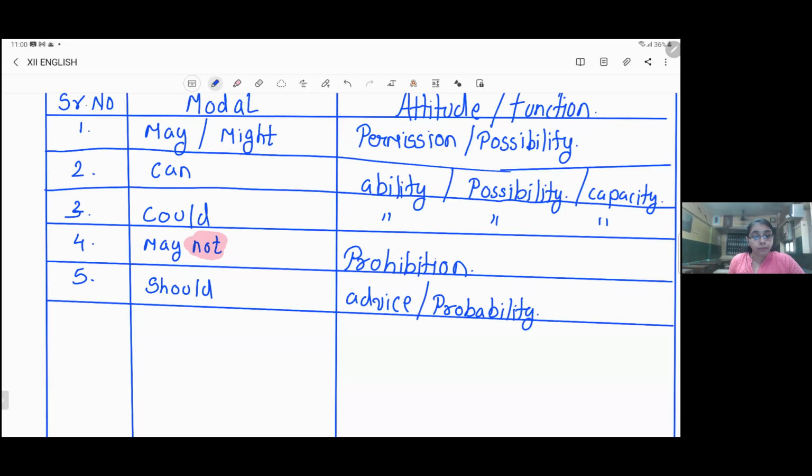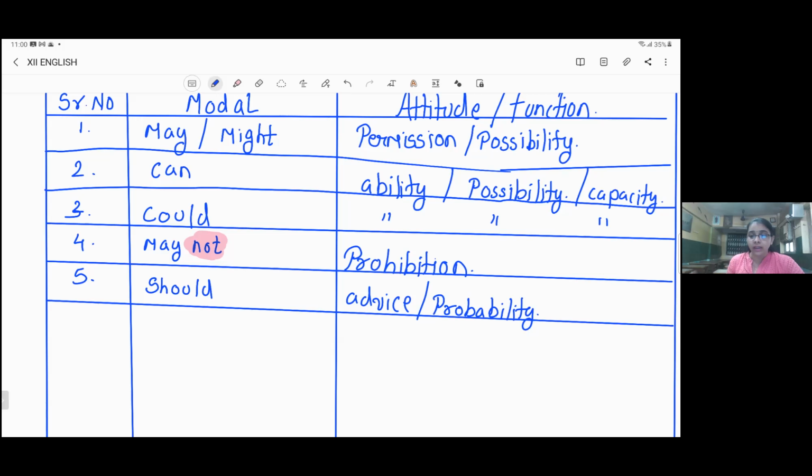Clear? If I say that you should study regularly, you should make your timetable, this is what I'm giving you all, the advice. And now it is up to you whether you follow that advice or not.